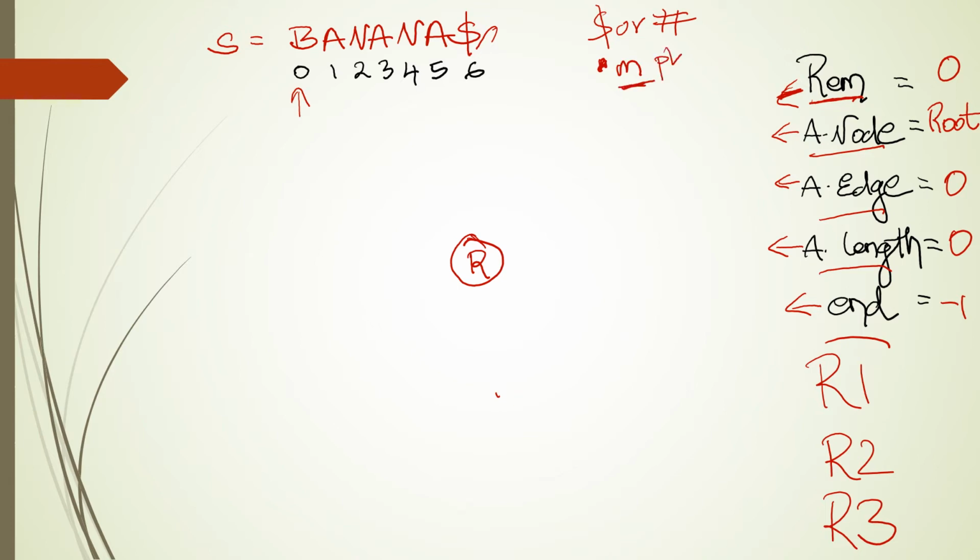When you move on to each phase, you increment the remainder and end as well. So we are at 0 now. We increment the remainder. We increment end as well. And -1 plus 1 is 0. So current values of all these are 0.